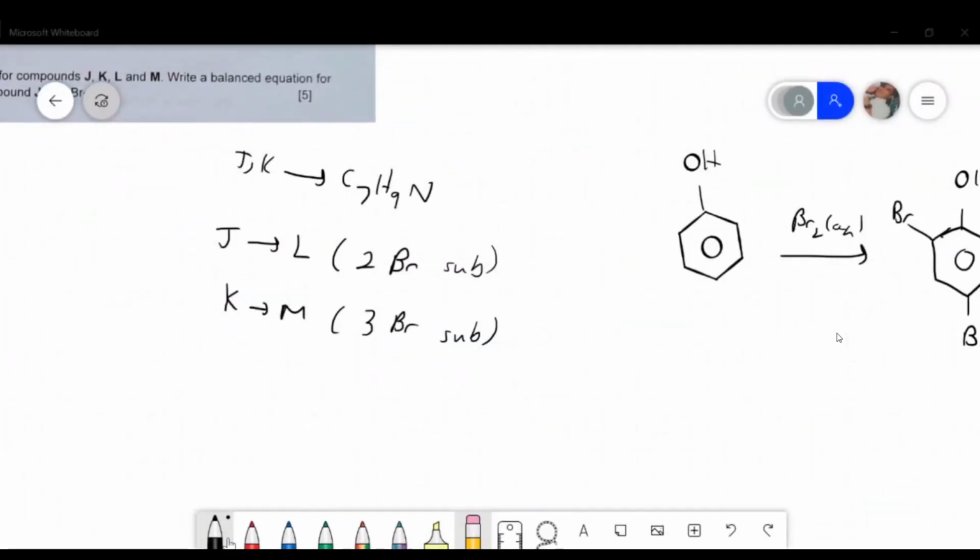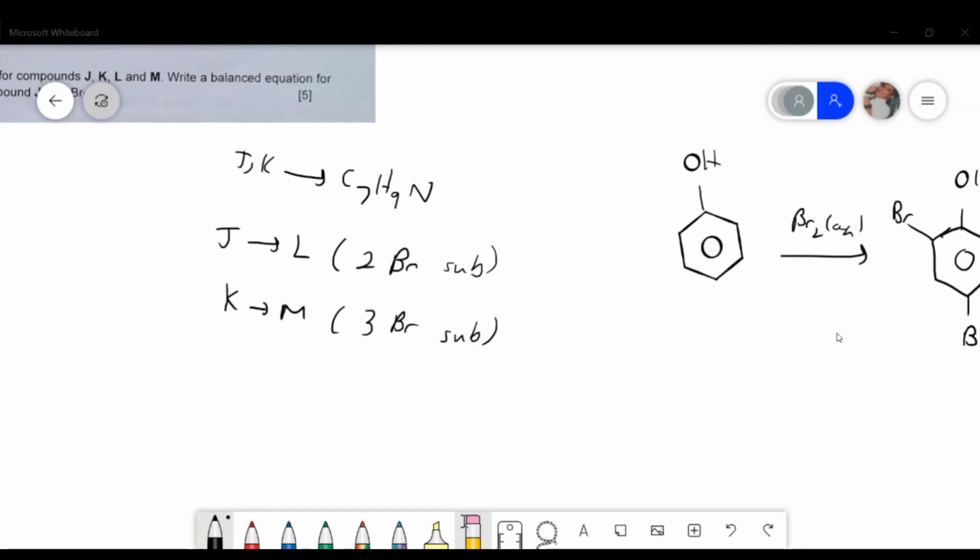So what does that tell us? It tells us that for J, one of the groups is occupying one of the 2 or 4 positions. Now, we know that the CH3 group isn't occupying those positions, so it means the NH2 group is at one of those positions. Do you guys get the deduction?